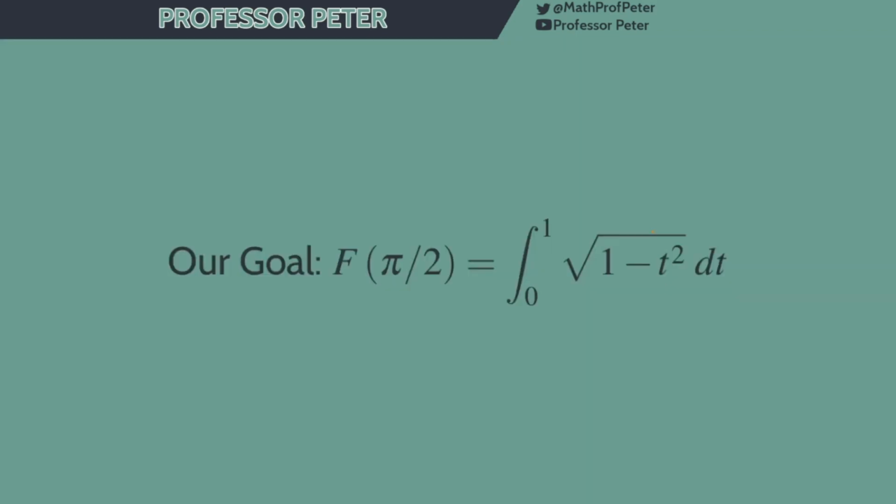Okay, remember what our goal was. We wanted to find capital F of pi over 2, which would give us this integral from 0 to 1 so that we could show the area of our circle, right? So let's do it. If capital F of x is x minus pi over 4, then capital F of pi over 2 is just pi over 2 minus pi over 4.